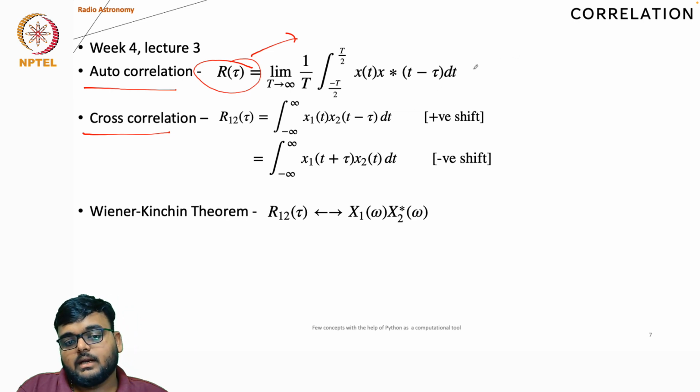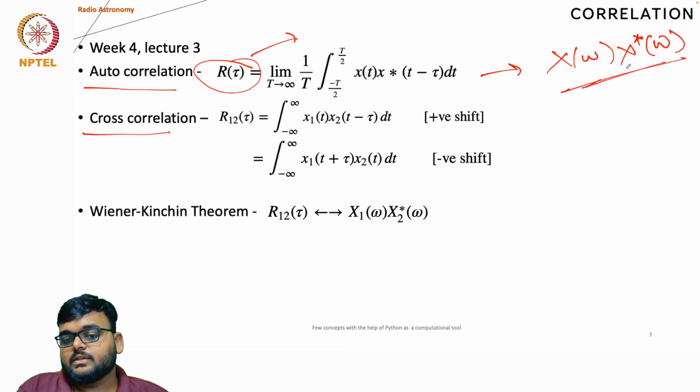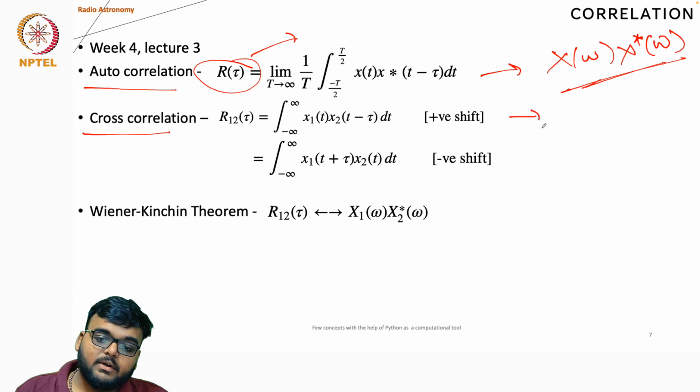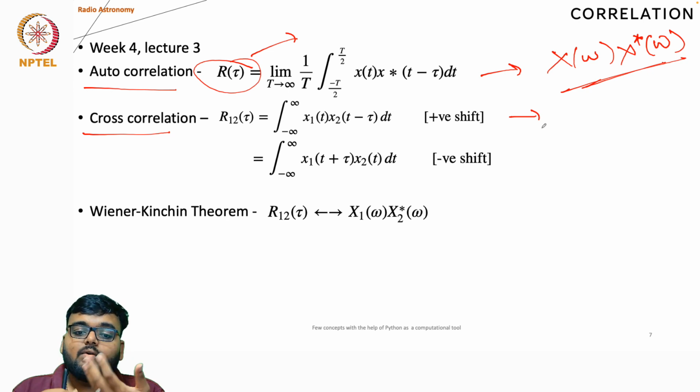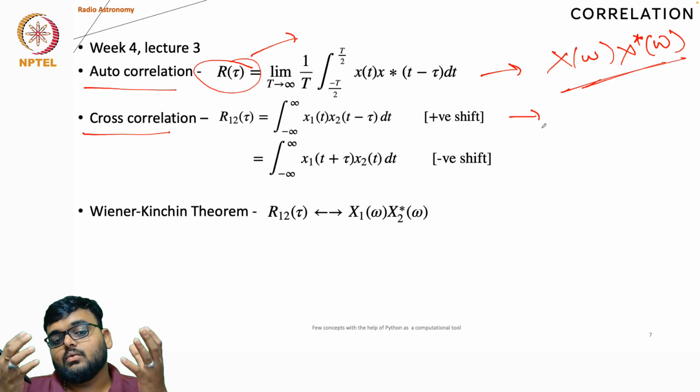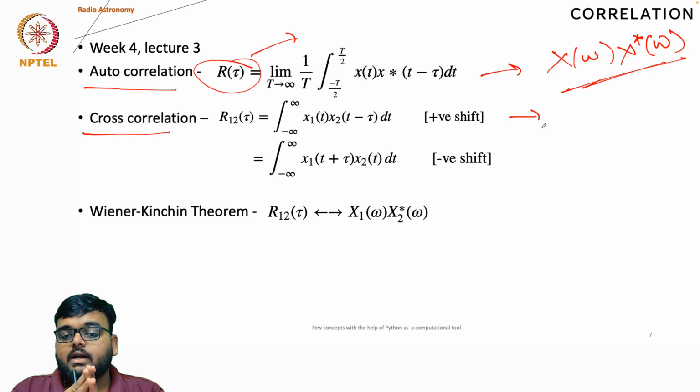In the Fourier domain, it will be X of omega times X conjugate of omega. Which is a signal power, and similarly here you will have a cross power between two separate signals. What is the power distribution, or how are they correlated to each other? Correlated means how similar they are to each other.